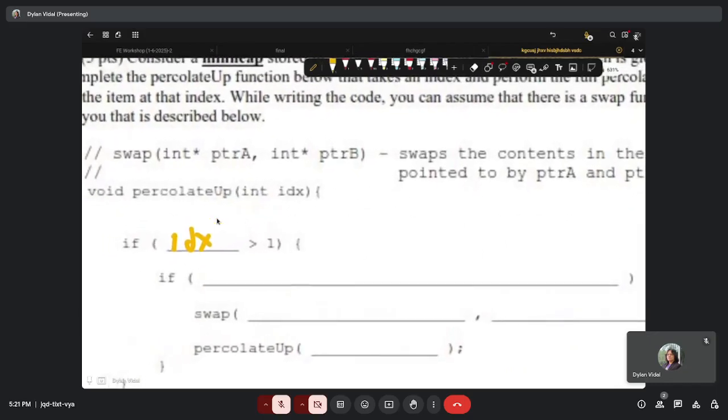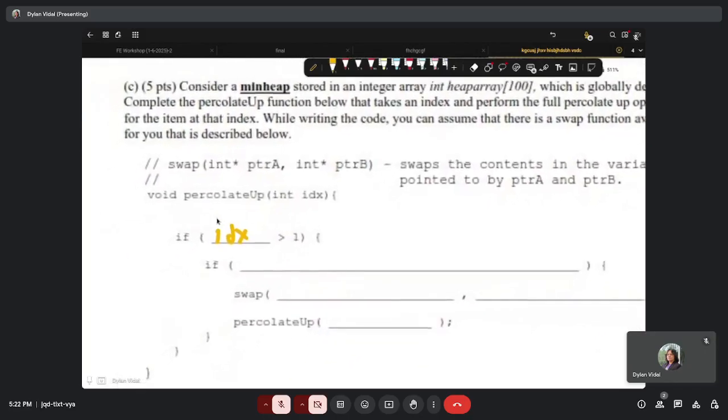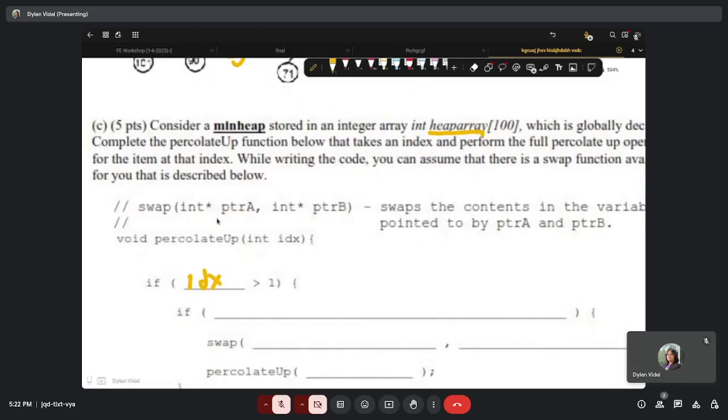So what do we get? They told us we have an array called heap array, and it's globally declared, so we can use that. So if we say that heap array at index, that's where we're at.